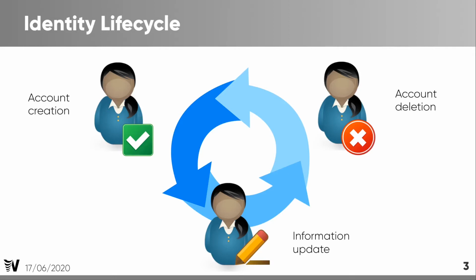And depending on this information, your coworker will access some applications or will be able to do some things inside your information system. Of course, the last step is very important. It means when your coworker is leaving your company or organization, you need to be sure that his account is revoked and his accesses are also deleted.